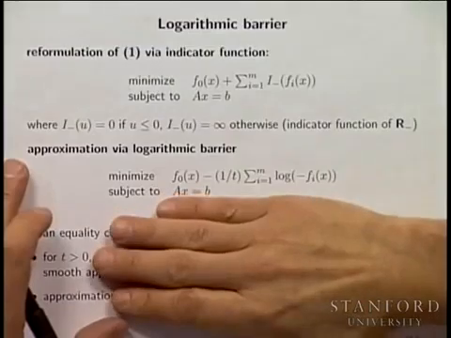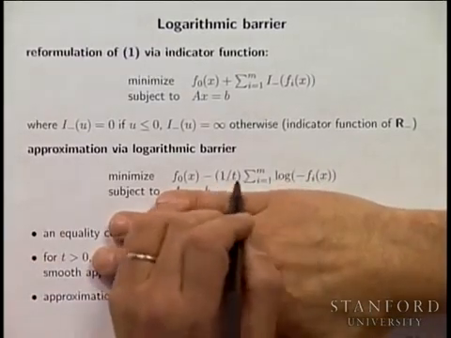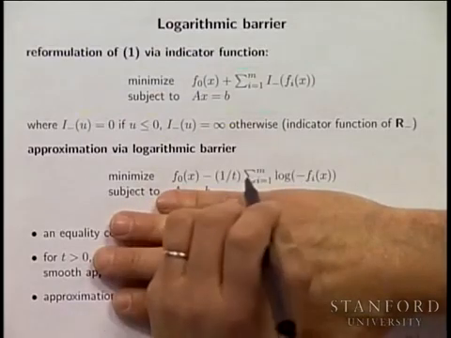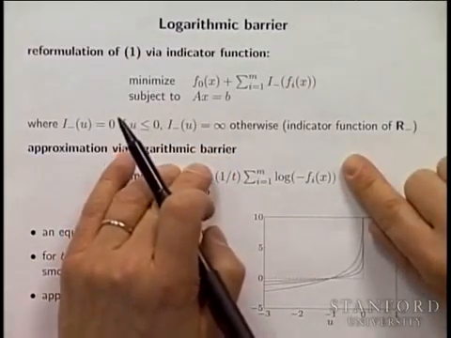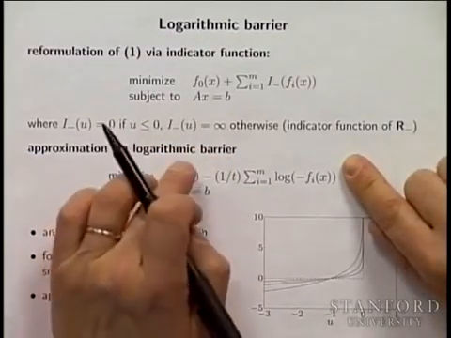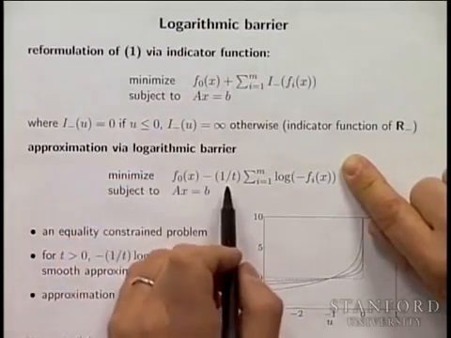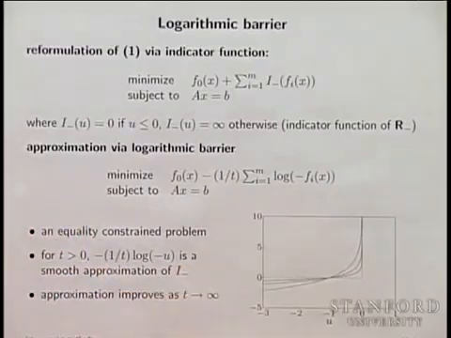The most common barrier is something like a way to write it out is this: you have 1 over t, a parameter, times the sum of the log of the negative things, with the minus sign. That is a smooth convex function. And the parameter t simply sets the scale of how nervous you are, depending on how close something is to getting infeasible.